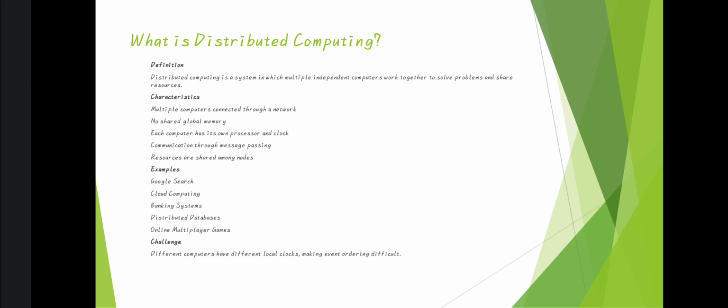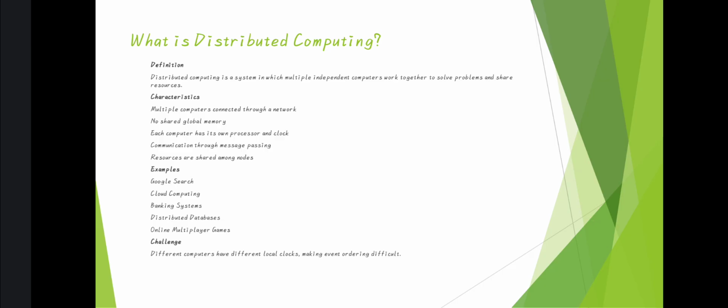Each computer has its own processor and clock. That means there is no global clock, no global memory, no global processor. Each has its own processor, own clock, own memory.